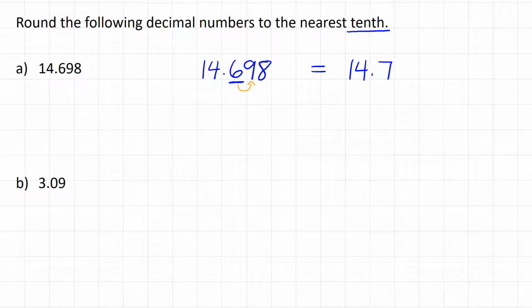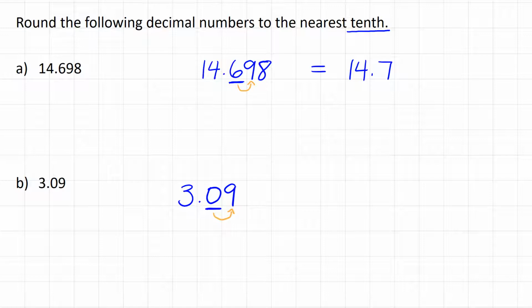We have 3 and 9 hundredths. So let's write it out again. So 3.09. I want to be rounding to the nearest tenth, which is my underlined value. I'm going to look one decimal place over to the right at my hundredths place value, and I notice once again it's bigger than 5, so I will be rounding my tenth place value up.